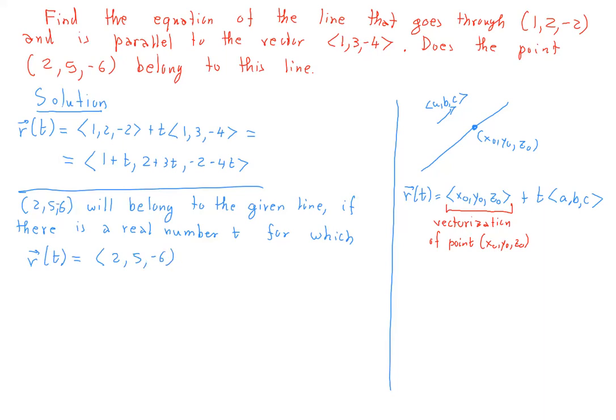In other words, you would require 1 plus t to be 2, 2 plus 3t to be 5, and -2 minus 4t to be equal to -6.